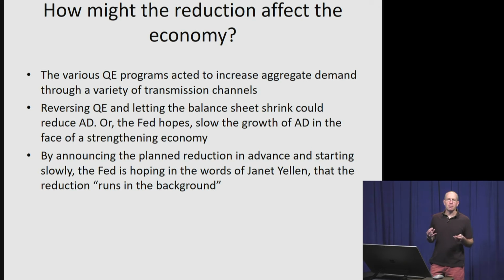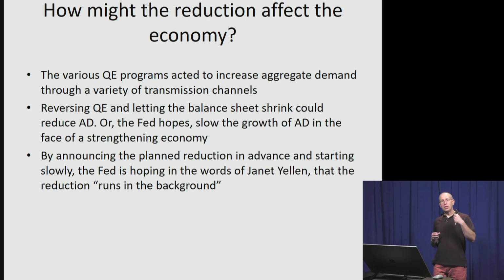So now what we want to think about is, if they go ahead and start running the balance sheet down, how might this impact the economy? In the previous video, we looked at how the QE programs, in other words the increase in the size of the balance sheet, work to increase aggregate demand through a whole variety of transmission channels. If we reverse QE and let the balance sheet shrink, that might reduce aggregate demand.